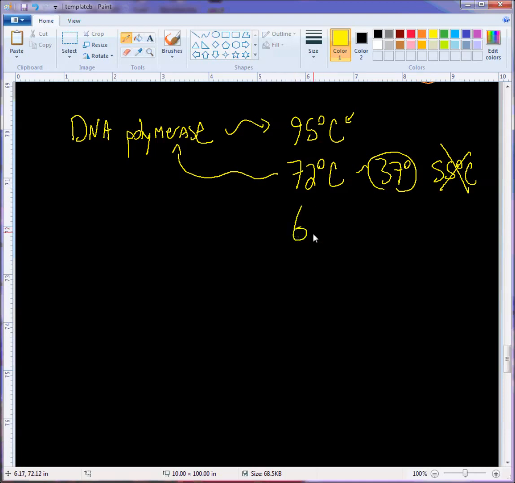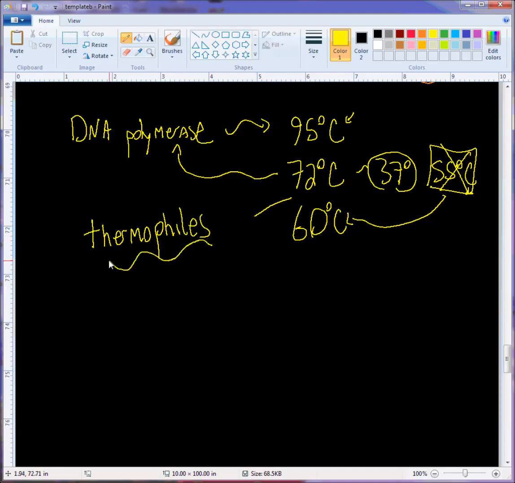Even the annealing temperature that we typically use in my lab, this annealing temperature right here of 60 degrees, is above this 55 to 95 degrees theoretical limit that scientists used to think was the maximum temperature life could survive at. But there are organisms called thermophiles, and these thermophiles thrive in extreme temperatures.